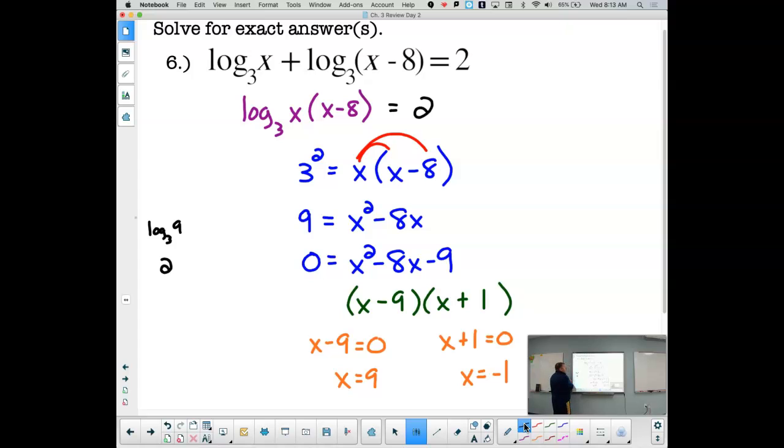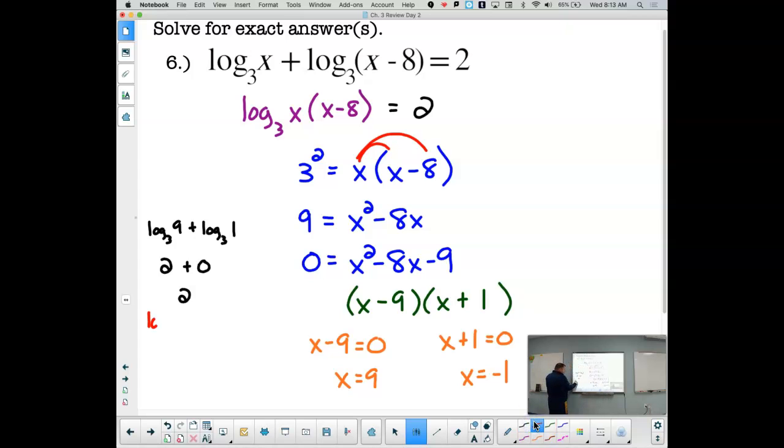That's 2. Plus log base 3 of 9 minus 8. 9 minus 8 is 1. What exponent do I put on 3 to get 1? That's 0. 2 plus 0 is 2, and 2 is equal to 2. 9 checks out.